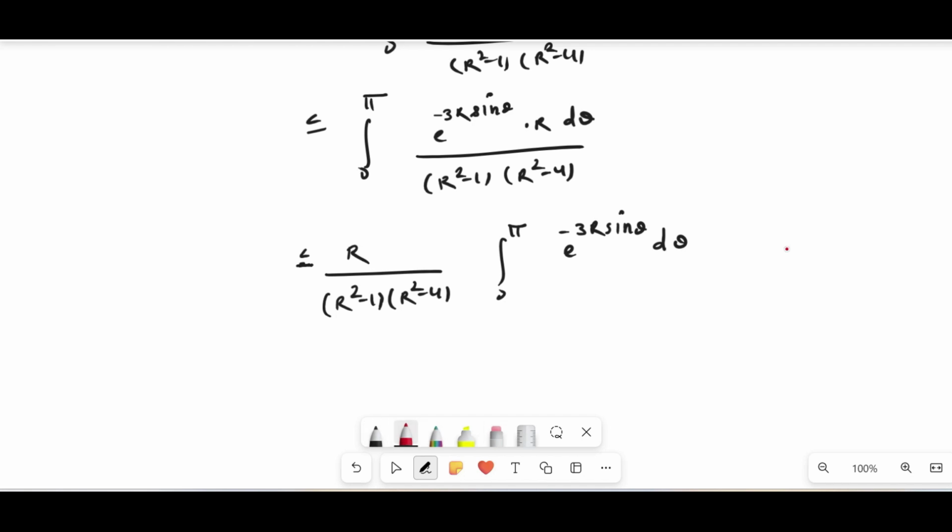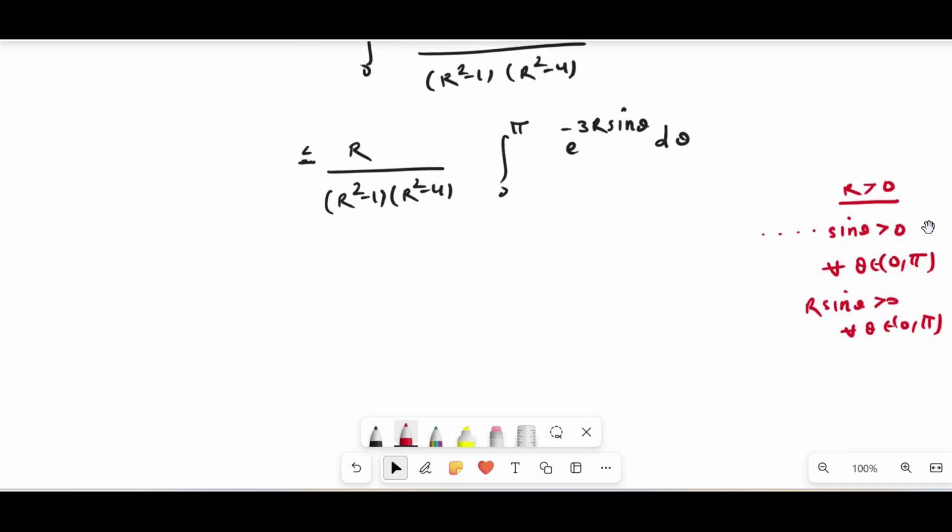As we can see, r is a positive quantity and sin theta is also a positive quantity for all theta belonging to 0 to pi. So we can say r times sin theta is a positive quantity for all theta belonging to 0 to pi.